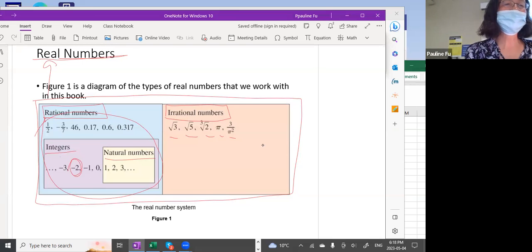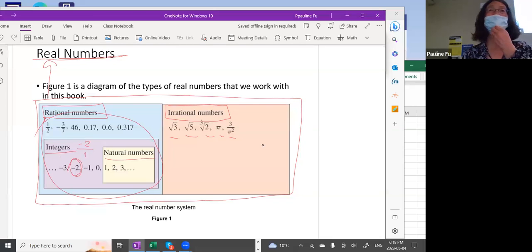So -2 is an integer, but not a natural number. However, -2 is a rational number, because -2 can be expressed as -2/1, a ratio. If any number can be written as a ratio, it is a rational number.